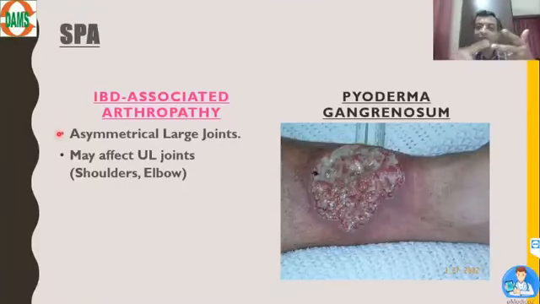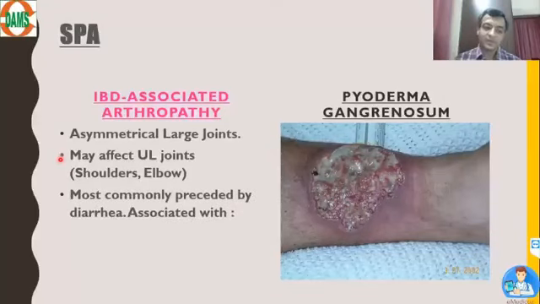To help differentiate between the two, asymmetrical with upper limb involvement, think of IBD associated arthropathy.